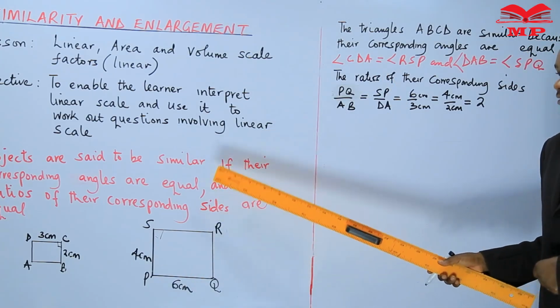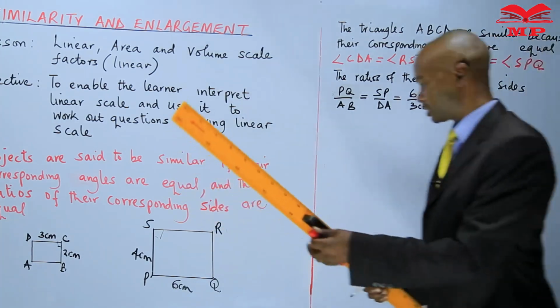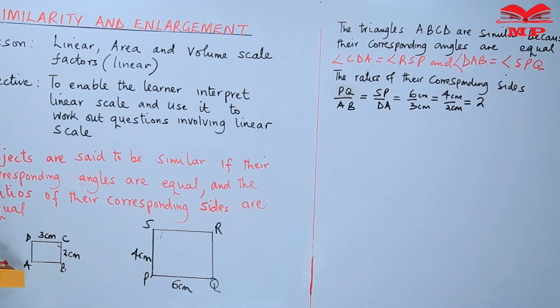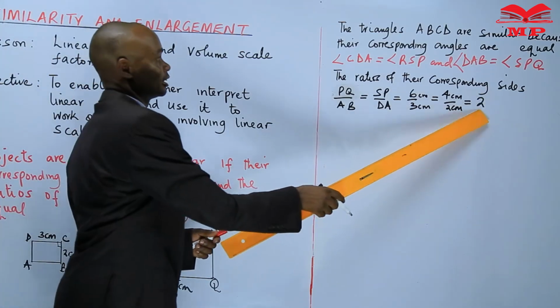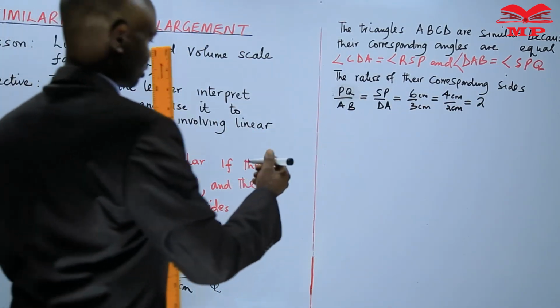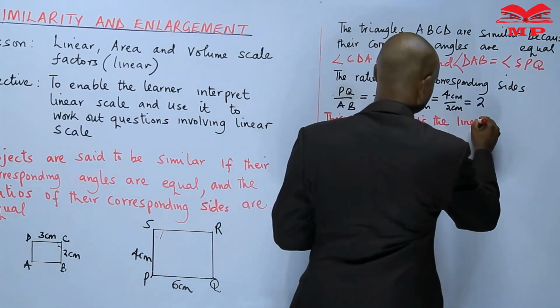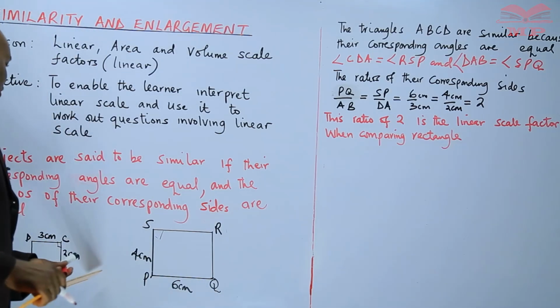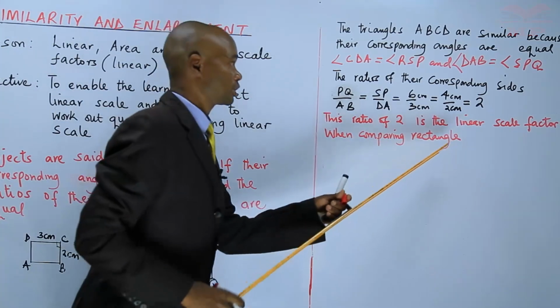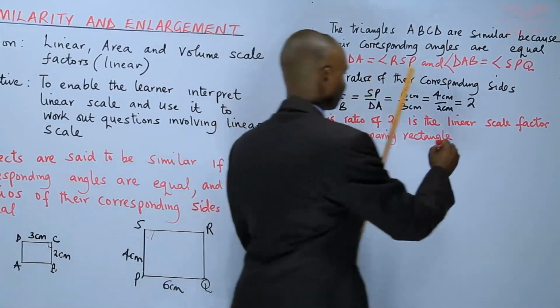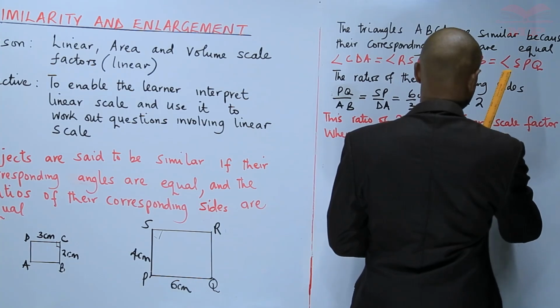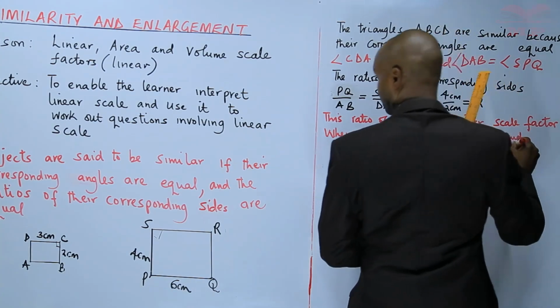If we relate PQRS and ABCD, this ratio happens to be the linear scale. Sorry, it's not a triangle as mentioned, it is a rectangle. So this ratio of 2 is the linear scale factor when comparing rectangle PQRS and ABCD.